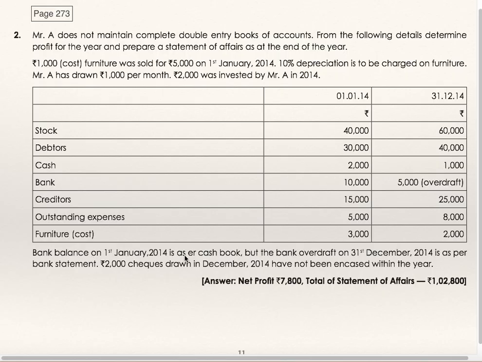Bank balance on 1st Jan 14 is as per cash book, but bank overdraft as on 31st December 14 is as per bank statement. 2000 cheques drawn in December 14 have not been encashed within the year. You are supposed to find out overdraft as per cash book. Overdraft as per bank statement is 5000. Cheques drawn not encashed, so overdraft as per cash book is 5000 plus 2000, 7000, you are supposed to consider.